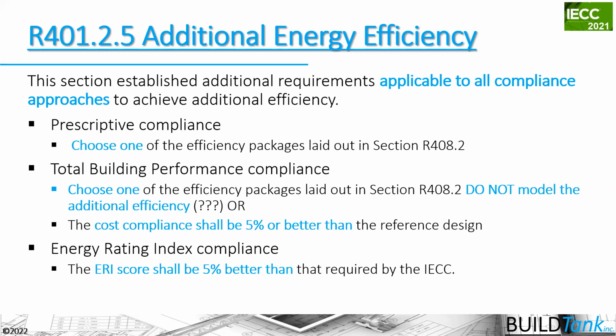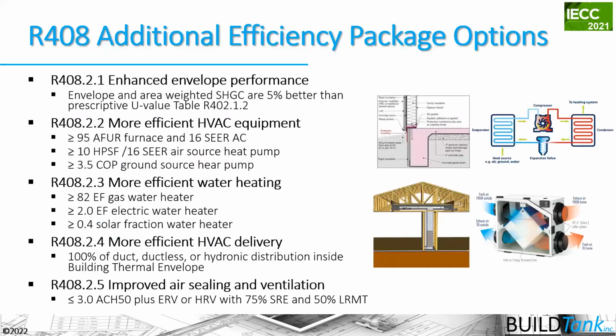But in the prescriptive compliance path, you have to choose one of the energy efficiency options laid out in section R408.2. And what are those options? You can choose to have an enhanced envelope performance. You can choose to have more efficient HVAC equipment, more efficient water heating equipment, more efficient HVAC delivery, and/or improved air sealing and ventilation requirements.